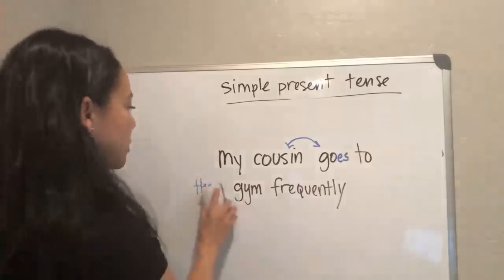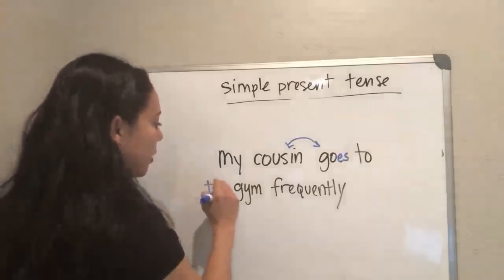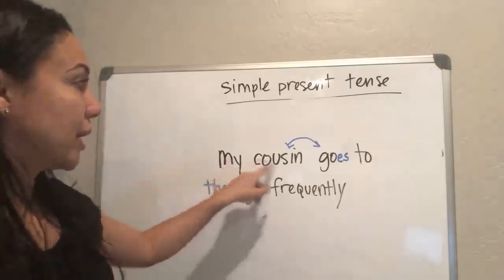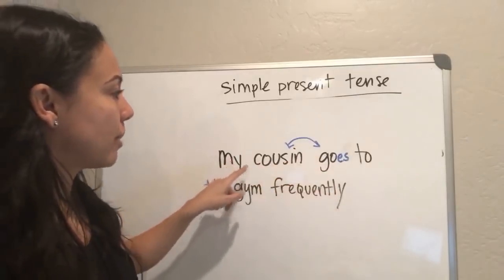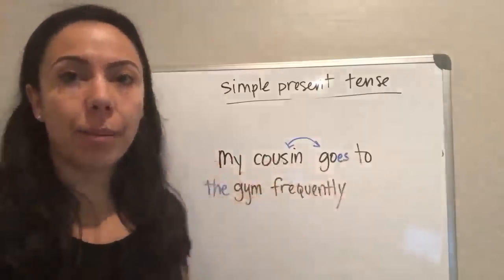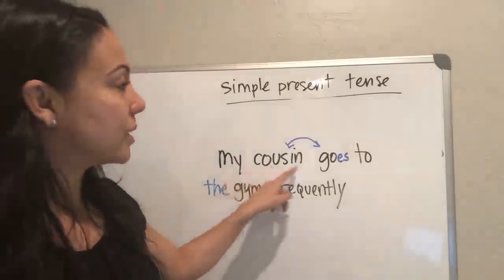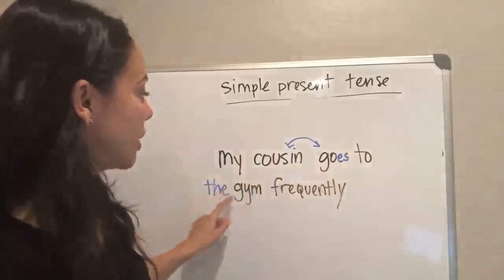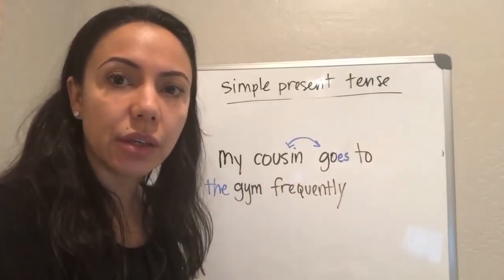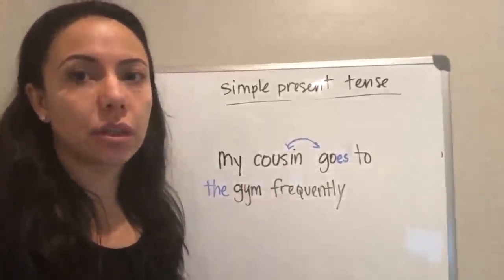We're going to use the definite article in front of gym, okay? We don't say my cousin goes to gym frequently. We need the definite article here, okay? My cousin goes to the gym frequently. So great job. Let's see, who wrote that? Derek. Great job, Derek.